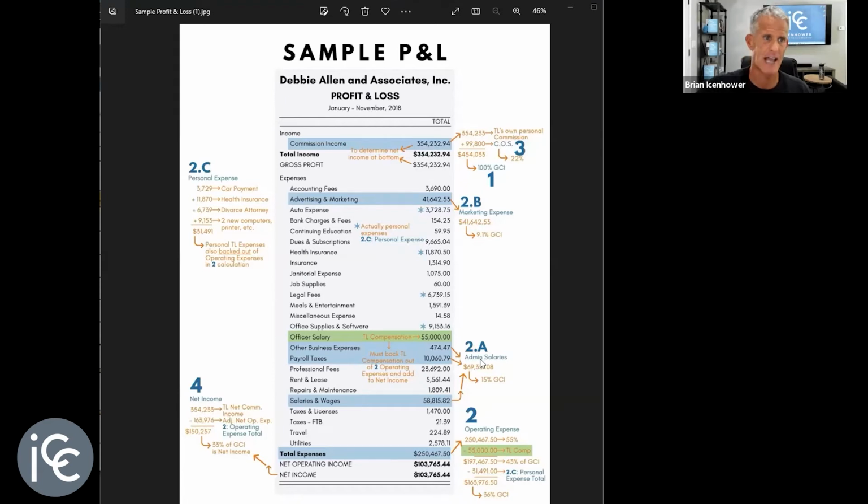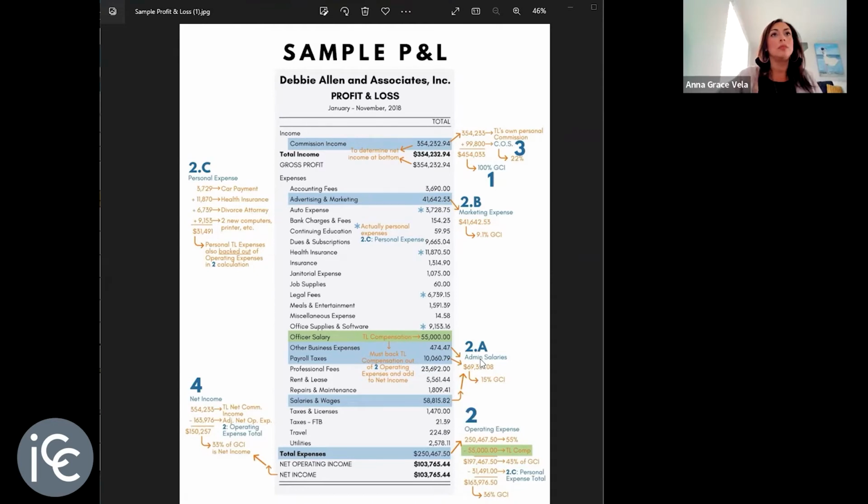2A is admin salaries. The first thing most accountants do, rightfully so, is have you take a salary yourself. If they set you up as an S Corp or an LLC, your accountant will tell you what to do there. Maybe your attorney, usually your accountant. When that happens, you're going to actually take a salary yourself, and that'll help you a little bit to avoid unemployment taxes and things like that, and help you a little bit with tax savings.